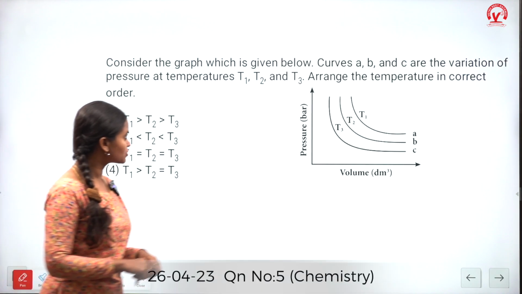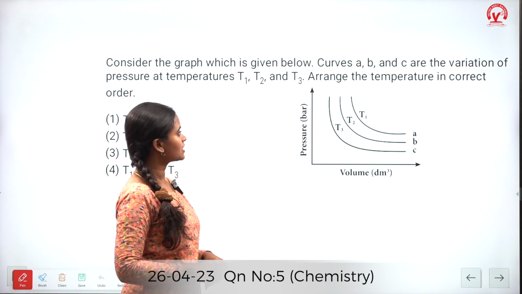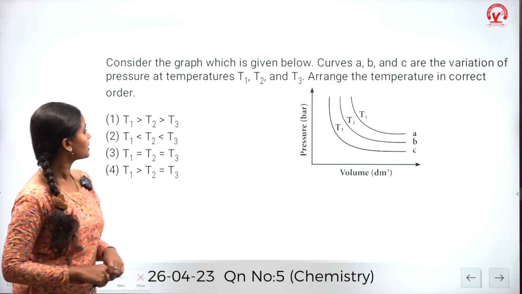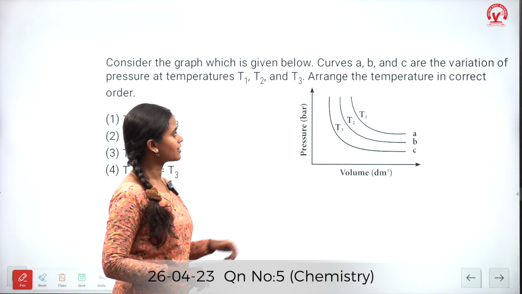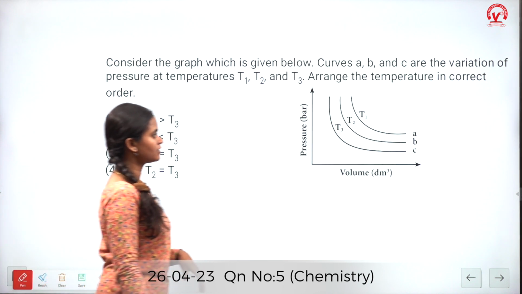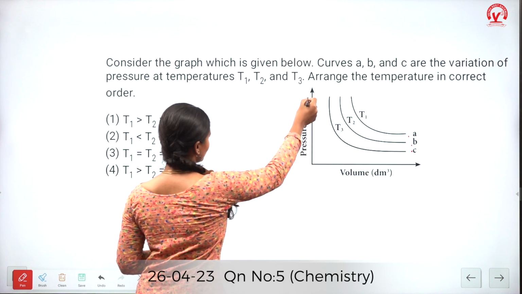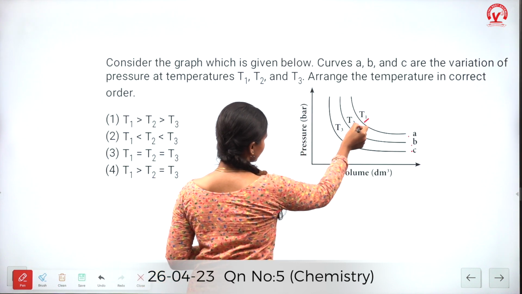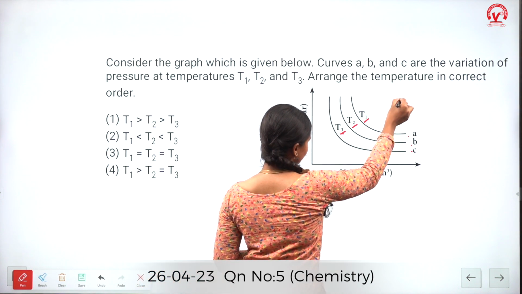Consider the graph given below. The curves A, B and C are the variation of pressure at the temperatures T1, T2 and T3. Arrange the temperatures in the correct order. Here we fix the volume.